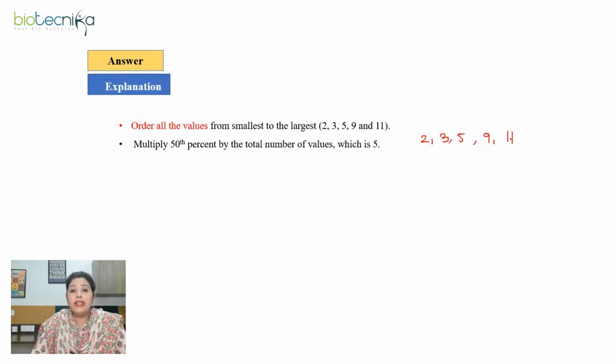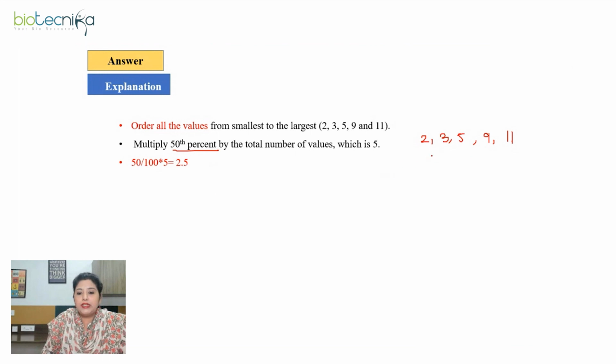Then, as I mentioned, 50th percentile is the value where 50% of data fall below it and 50% fall above it. So therefore, we will be multiplying 50 percent by total number of values. Total number of values are 5, right?